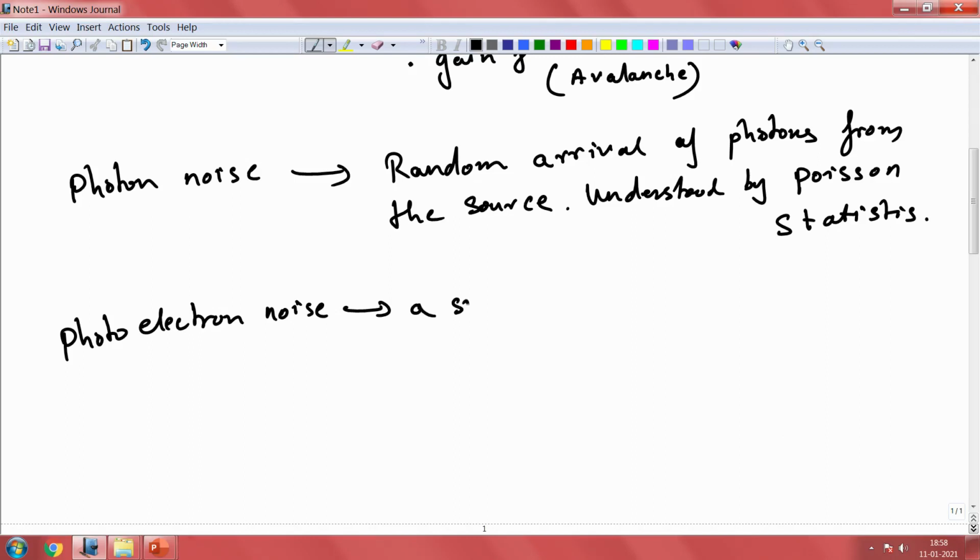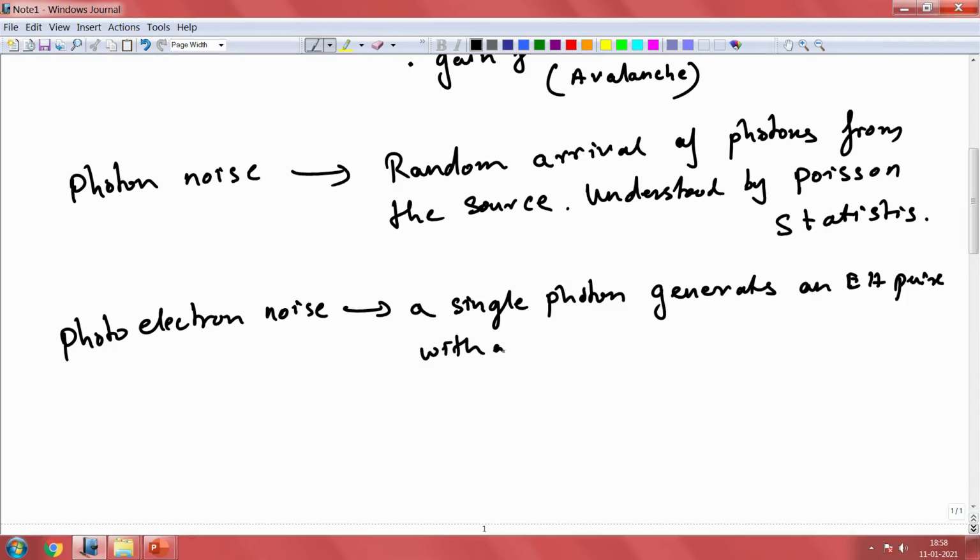A single photon generates an electron hole pair with a probability of some eta, and this generation could be random.